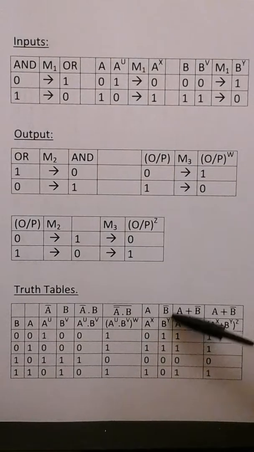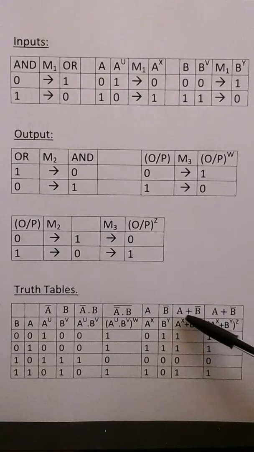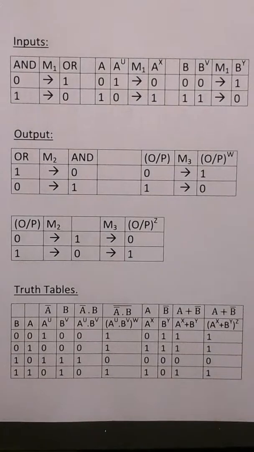AX is A, BY is not B. AX or BY is A or B not. And AX or BY to Z, there's no complementation for Z. So it's the same, it's A plus B not. So you can see these two functions are the same. It's a very complicated method of doing it for the Boolean system, but it's just to show that it works for the Boolean system as well as any other base.